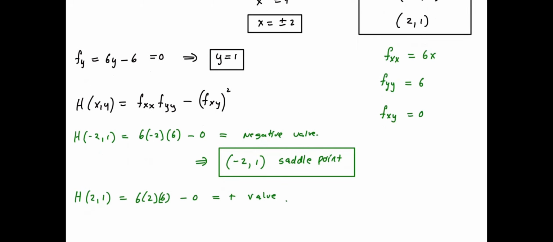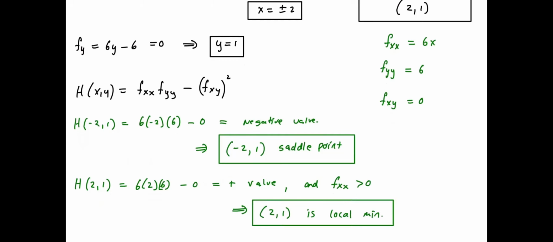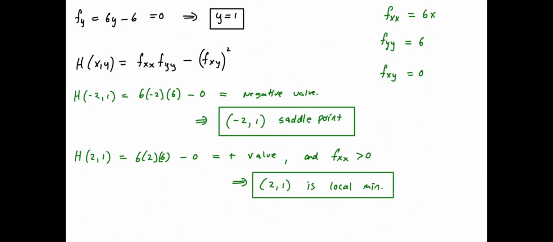So since this is positive and our f sub xx is also positive at this point, this implies that the point (2, 1) is a local minimum. So that is how we classify them. And you can plug them into the original function to get the z coordinates, but I think this is okay.